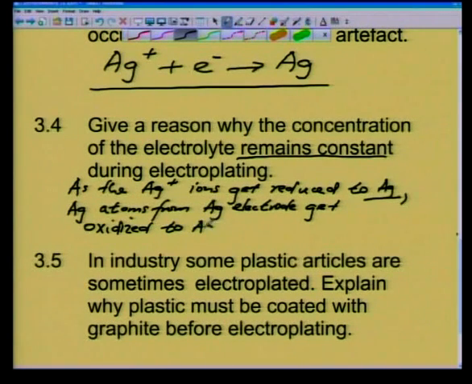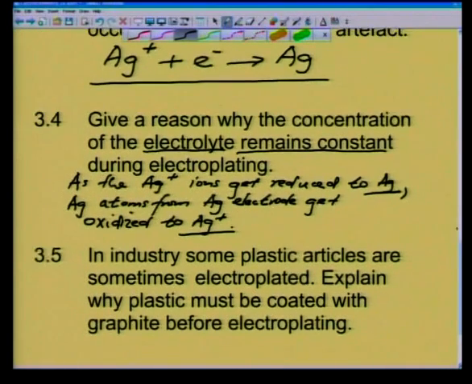They get oxidized to Ag+. So the concentration of the electrolyte, Ag+, remains constant in that way. So that's the reason why.